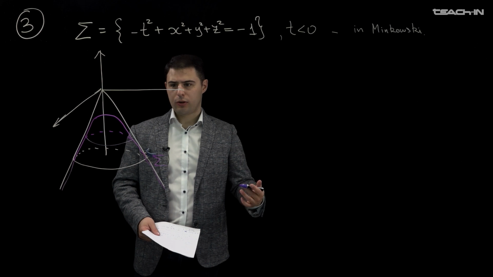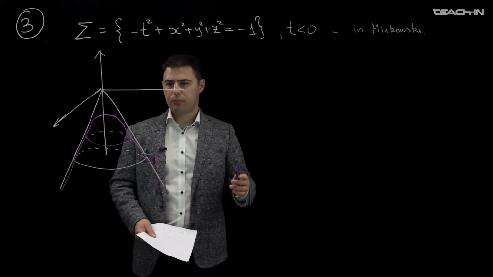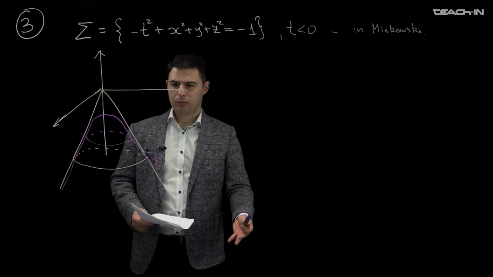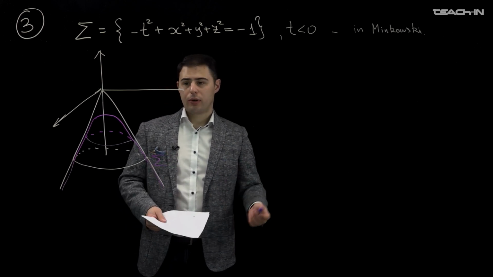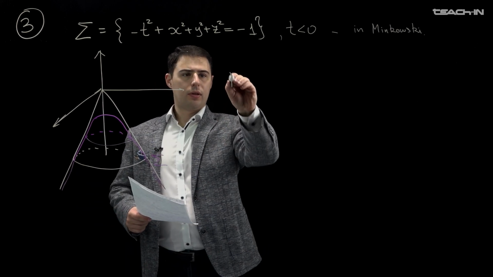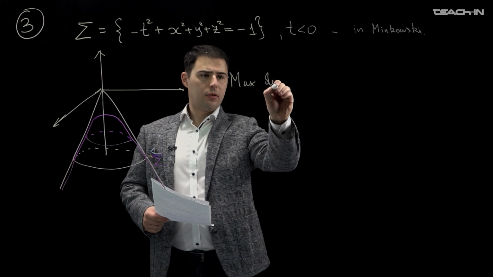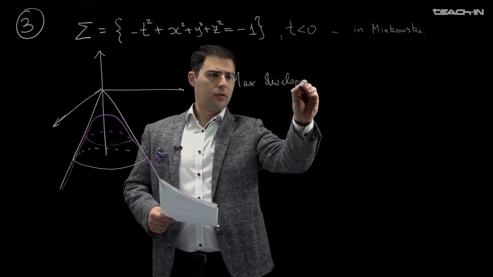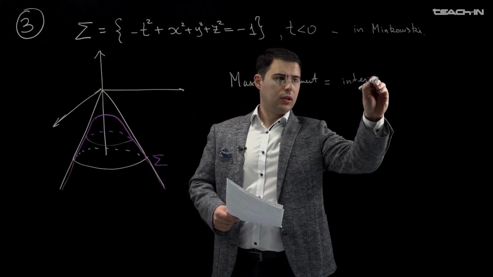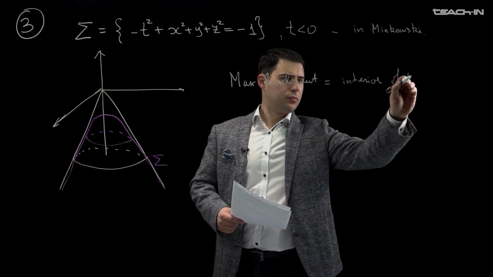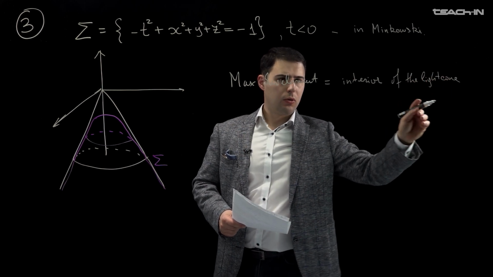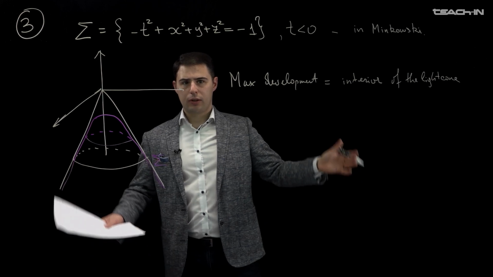These are the null curves that belong to the boundary of the light cone. So the maximal development is the interior of the light cone, which is extendable in the sense that we can add the boundary.